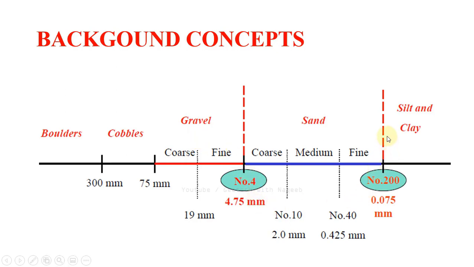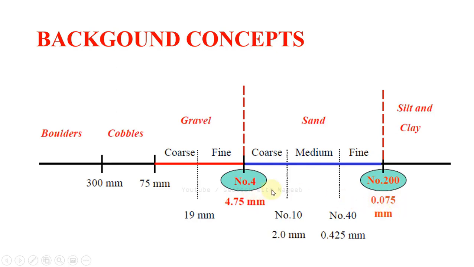The material that is passing through sieve number 200 is termed fine. Fine is further categorized into two types, silt and clay. The material that is passing through sieve number 4 and retained on sieve number 200 is termed sand. The size of sieve number 4 is 4.75 mm and the size of sieve number 200 is 0.075 mm.